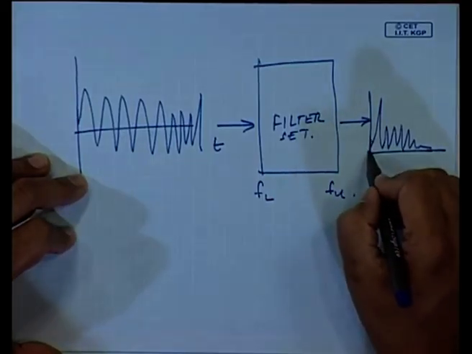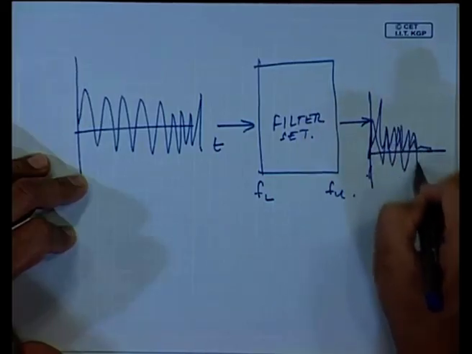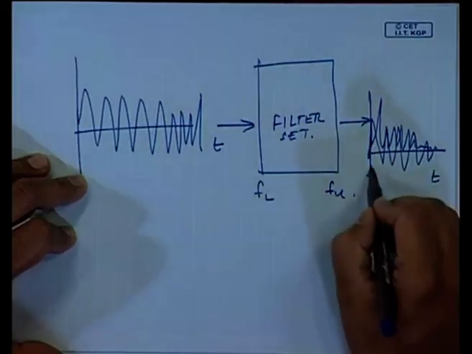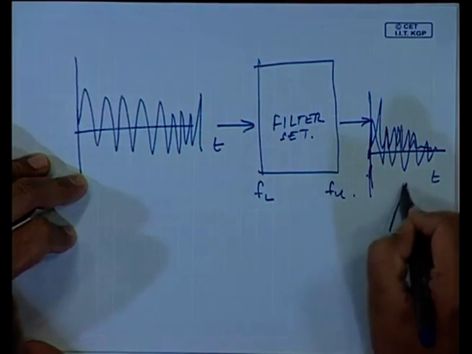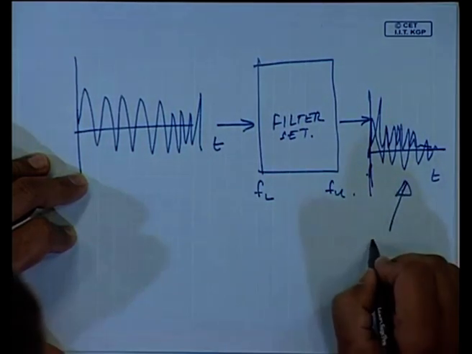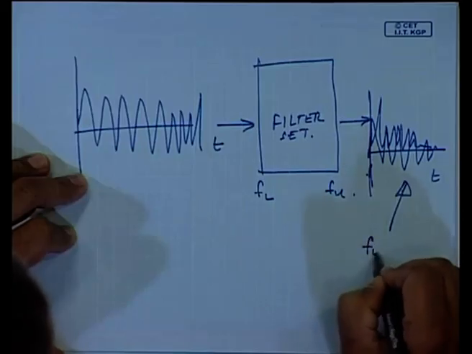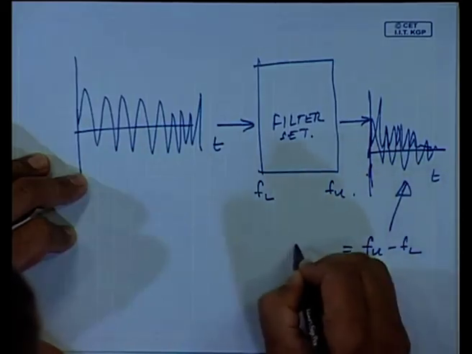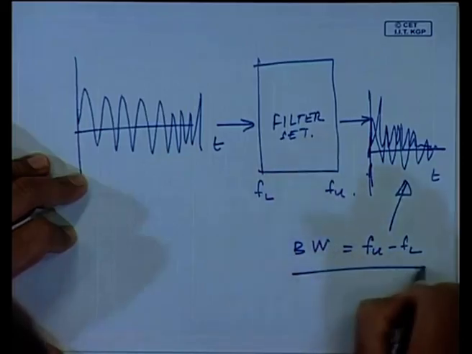I can look into them also in time domain. This is all in time domain. This means that the frequency in this is between f upper and f lower, and this is the frequency bandwidth.